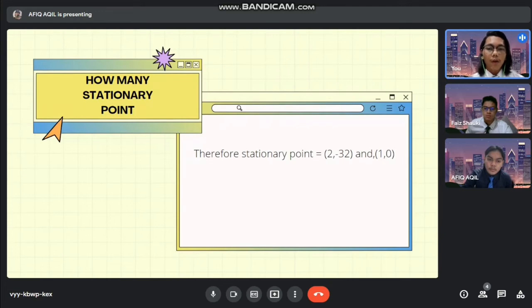Therefore, the stationary points we get are (2, negative 32) and (6, 0).